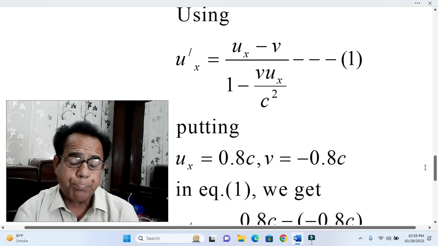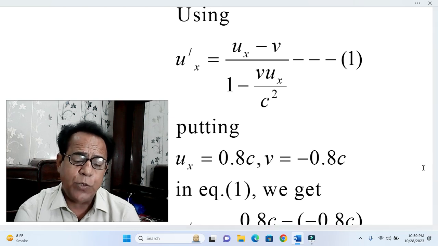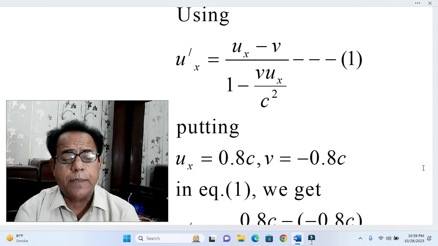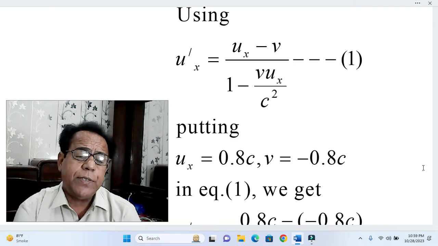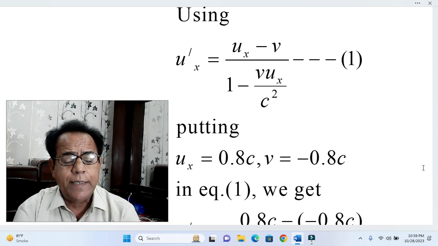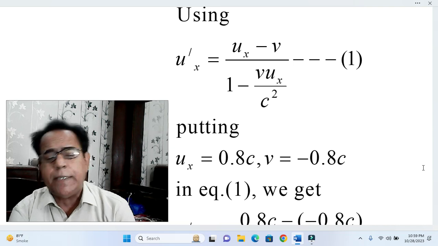Putting ux equal to 0.8 c, where c is the speed of light, 3.0 into 10 to power 8 meter per second, or sometimes 2.998 into 10 raised to the power 8 meter per second. According to the given situation, when ux is equal to this, then v will be the negative of the same.